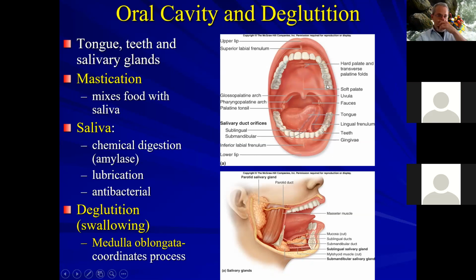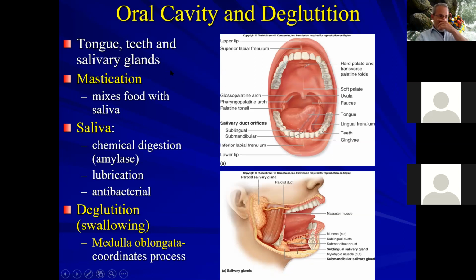We do that more in anatomy, but suffice it to say, as you already know, the teeth help to mechanically break down food. So we're really going to be looking at two different forms of digestion in the oral cavity. One is the mechanical, which is the tongue and the teeth. And the second is chemical, and that's where the salivary glands play a role.